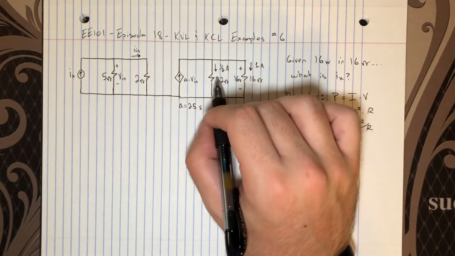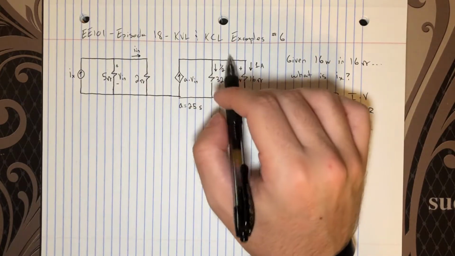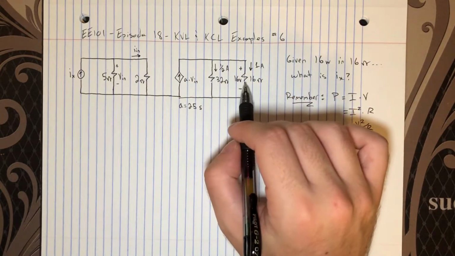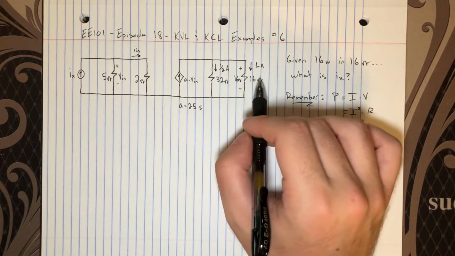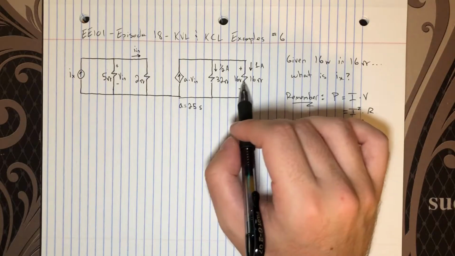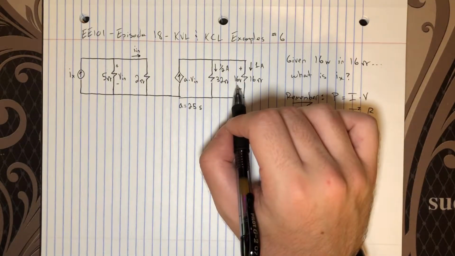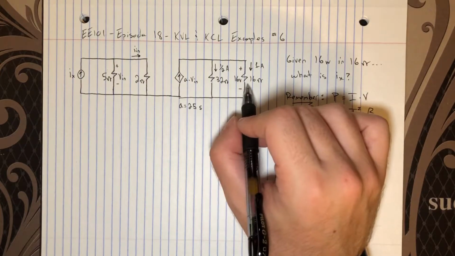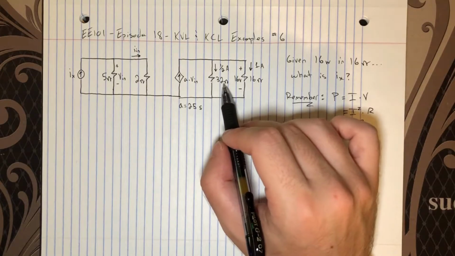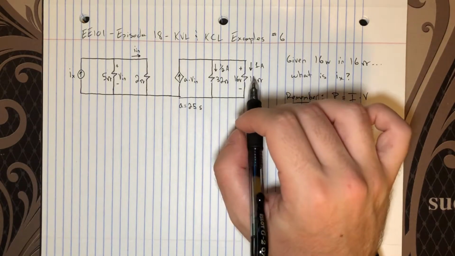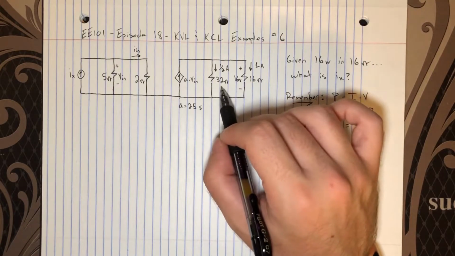So if you have two paths available and some total amount of current that's going to flow here, the path that has twice the resistance of the other has half the current, or rather the path that has double the conductance has double the current. Remember when I described the relationship between resistance and conductance, they're just the inverse of each other. So saying that 32 ohms is twice the resistance of 16 ohms, I could equally say 16 ohms is twice the conductance of 32 ohms.